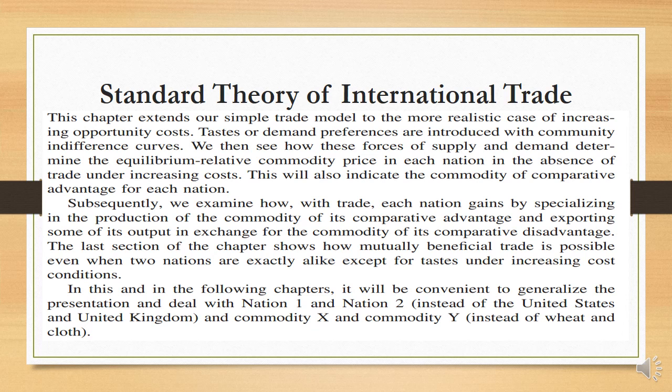In this and the following chapters, it will be convenient to generalize the presentation and deal with nation 1 and nation 2 instead of the United States and United Kingdom, and commodity X and commodity Y instead of wheat and cloth.